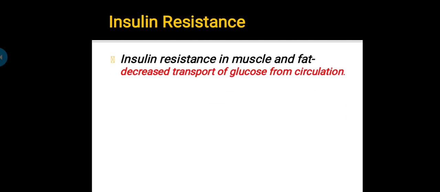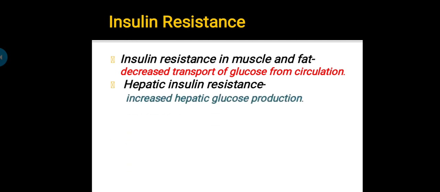So insulin resistance in muscle and fat, what is the effect? There is decreased transport of glucose from the circulation. Insulin helps in the shift of glucose from the blood to the cell, and that is impaired. So there is decreased uptake by the muscle and fat. There is increased hepatic glucose production, as insulin cannot act properly, so there is more neoglucogenesis and glycogenolysis in the liver.